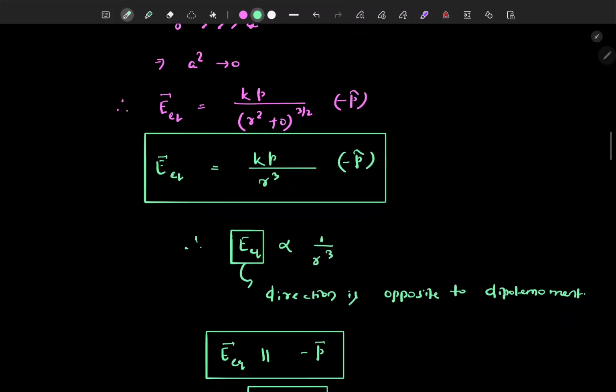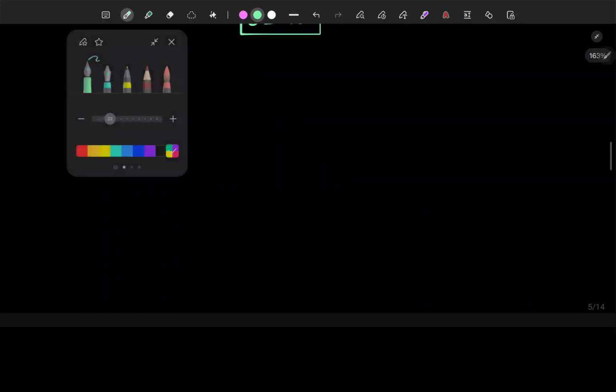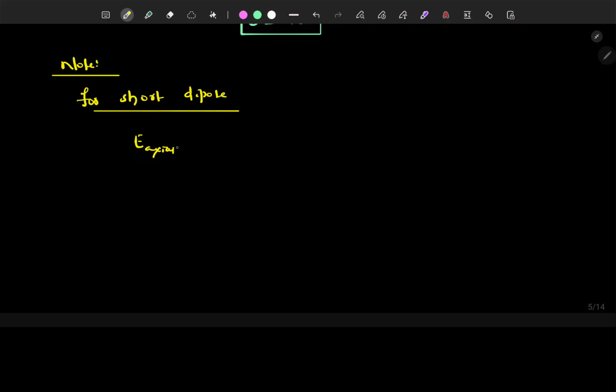Note the point: for a short dipole, E axial magnitude, this is in case of short dipole only, E axial is equal to 2kp by r cube, and instead of this, kp by r cube is E equatorial, so we can write 2 into E equatorial.